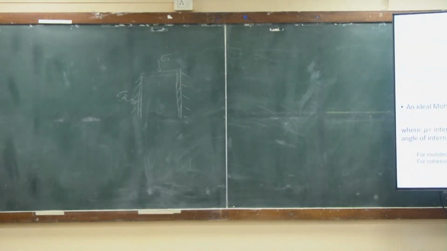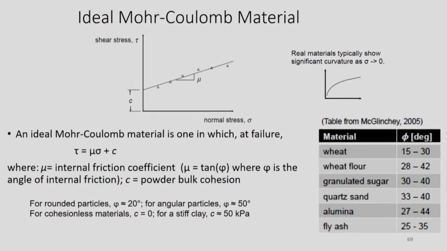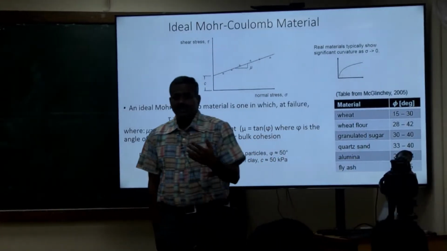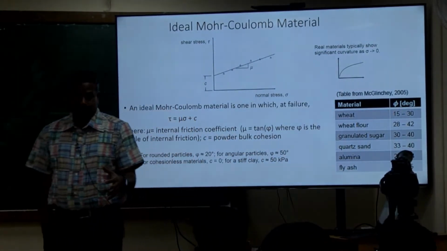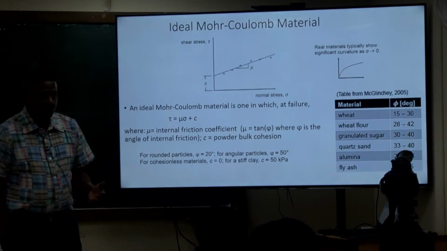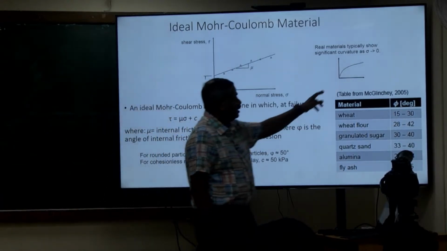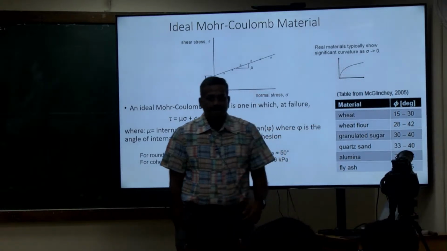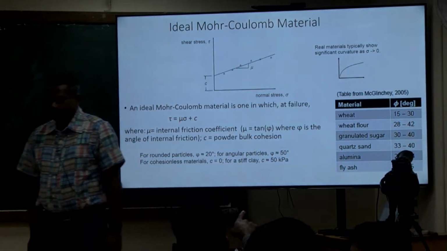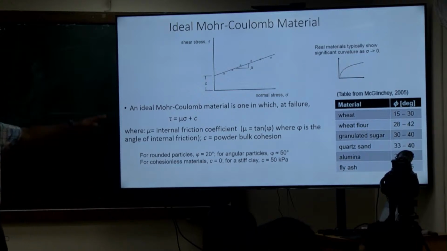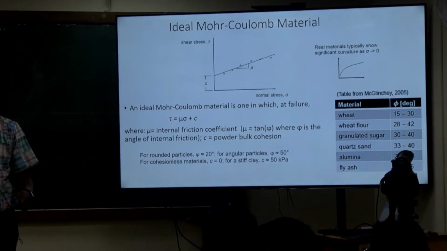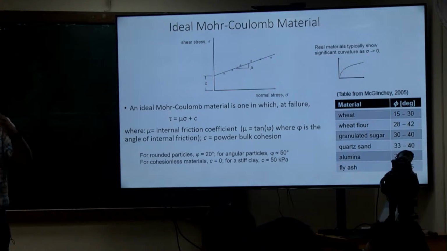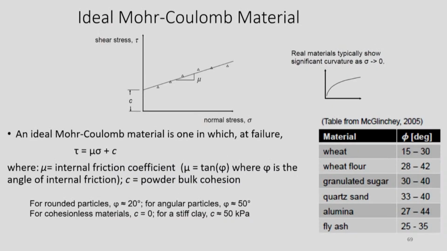At lower normal stresses, the shear stress may not be higher than the stress from the inbuilt cohesion, so it might not change linearly with the change in normal stress. When we do actual experiments, we get results like that. It's a representative picture, it might not be exactly the same, but you will see some curve, not a linear curve.